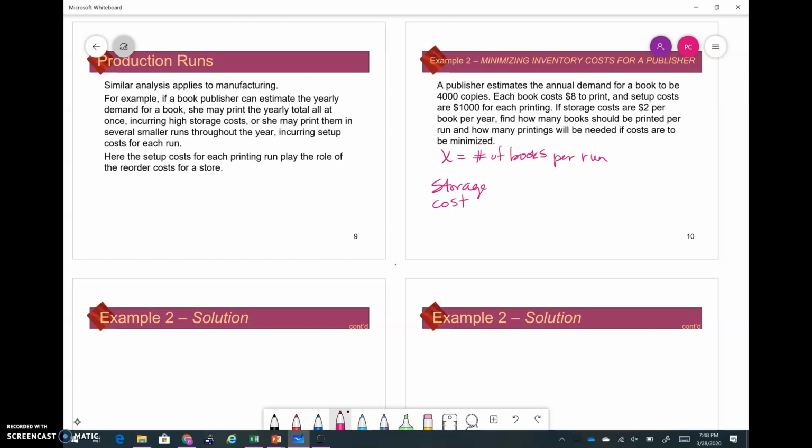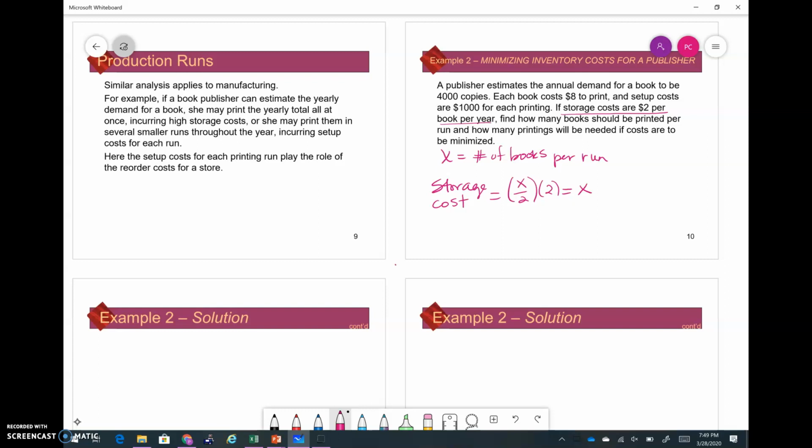Here we have the average cost times how much it costs per each book. The average cost still is x over 2, and we're told in the third sentence that the storage costs are $2 per book per year. So x over 2 times 2 gives us the nice pretty equation of just x.